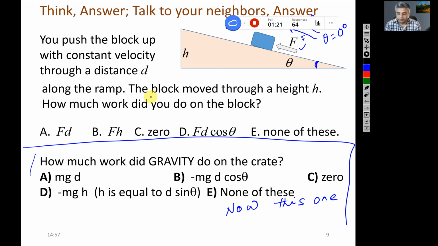If you remember a trig identity, which I don't expect you to remember, but just in case you happen to remember, then we know cosine of 90 plus theta is negative sine theta.